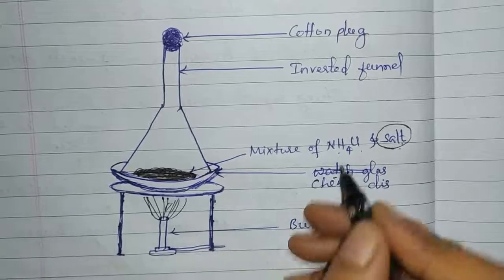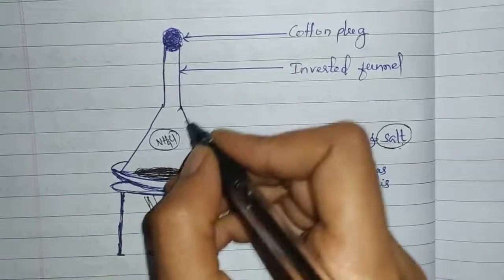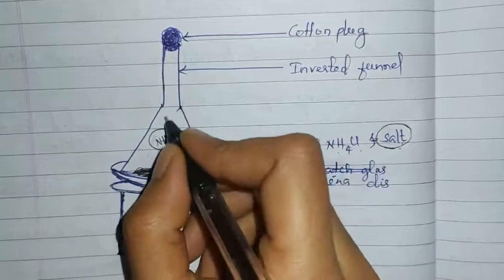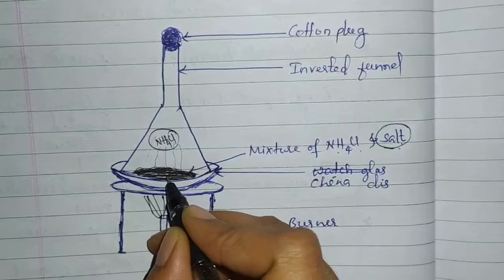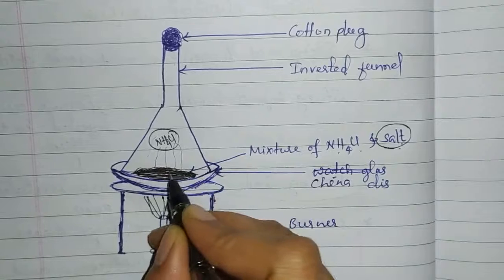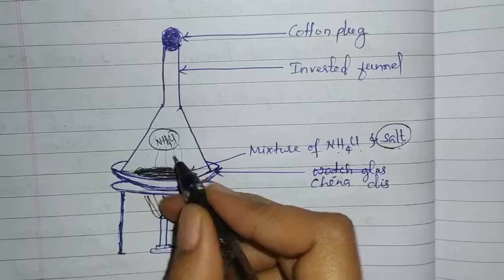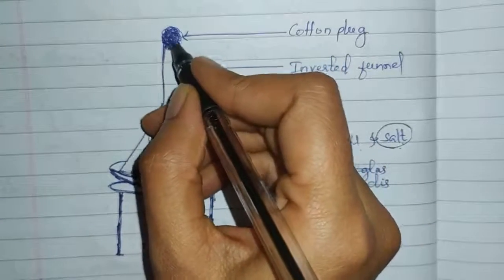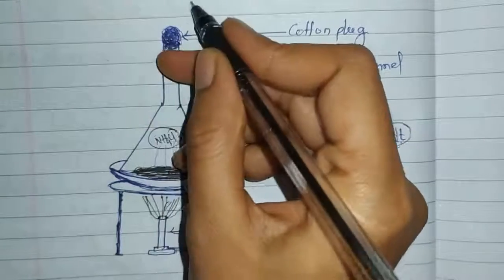So on heating, the ammonium chloride vapors move upward. The solid ammonium chloride present in this mixture is directly converted from solid to gas, and these vapors move in the upward direction. Since this hole is closed with the cotton plug, these ammonium chloride vapors cannot move out of this funnel.